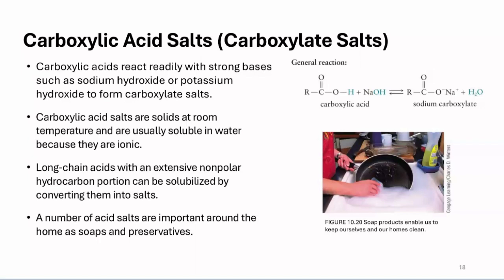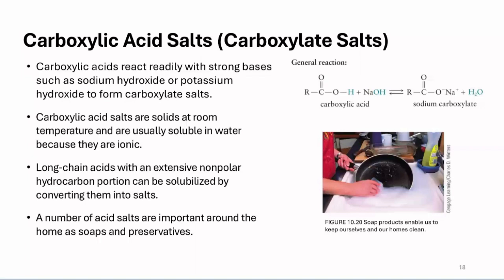A number of acid salts are important around the home, including soaps, but also some that are used as preservatives in food. You can see specifically in figure 10.20 that soap products enable us to keep ourselves and our homes clean, and this is an example of a carboxylate salt.